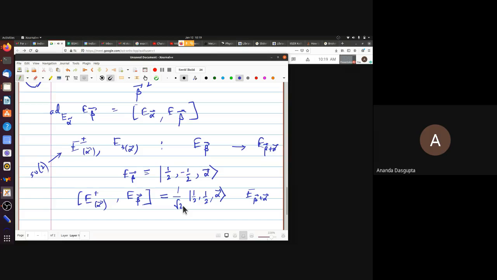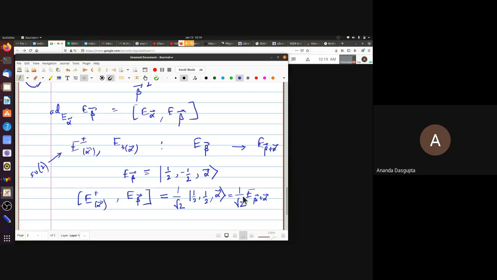In the SU2 that we studied in quantum mechanics, S plus acting on the down state gives you the up state, S minus acting on the up state gives you the down state with no factors in front. No factors simply because there you were using the standard Sx plus minus i Sy. Here you are using an extra 1 by root 2 simply because your E plus and E minus are defined with an extra 1 by root 2. So this is what you are going to get.